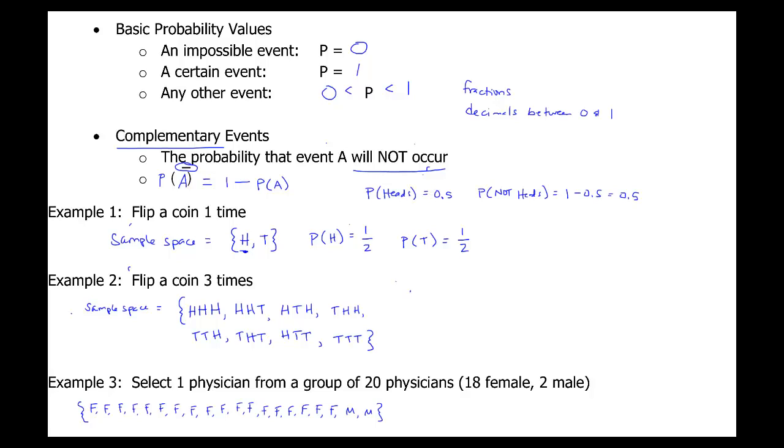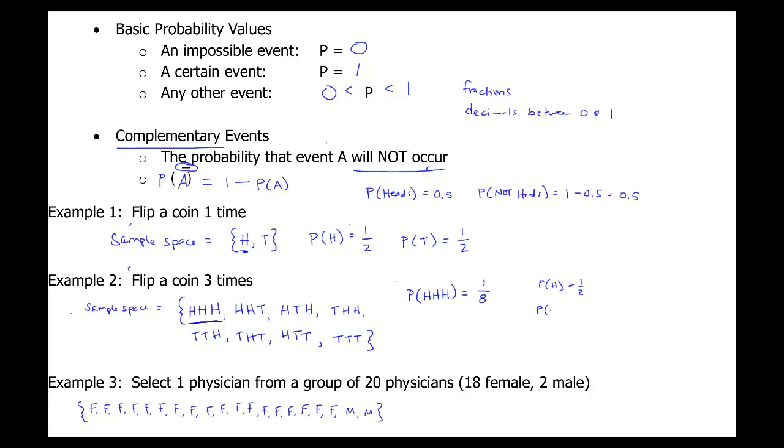So let's look at the probability of getting heads 3 times in a row when you're flipping a coin just 3 times. The probability of getting all 3 heads, there's one way that can happen out of 8 possible outcomes in our sample space. Another way to calculate that, if you didn't want to write out the entire sample space, we know the probability of 1 head is half.